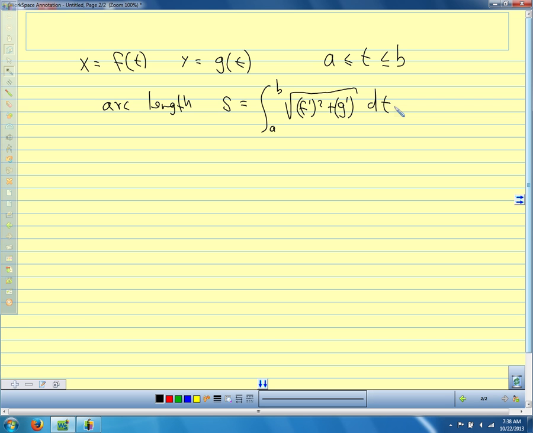So what I want to do is an example of calculating arc length. As you can imagine, because of this radical and because of squaring all these things, you get interesting integrals that sometimes can be difficult to evaluate.